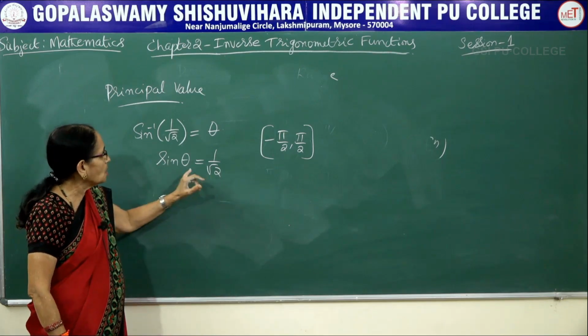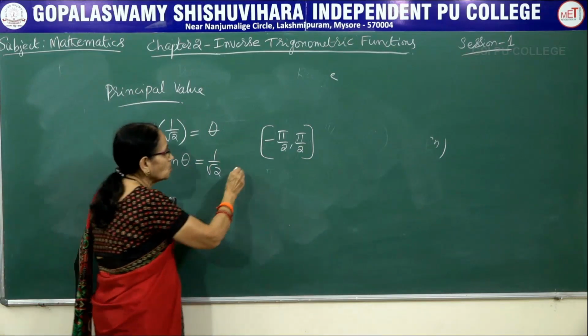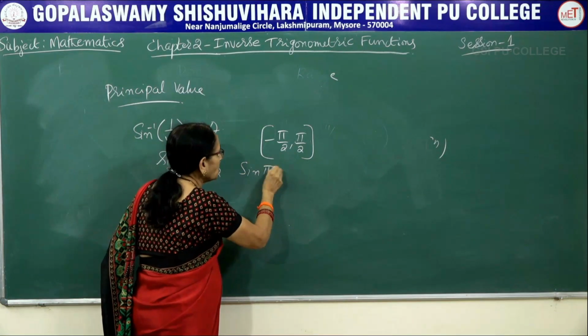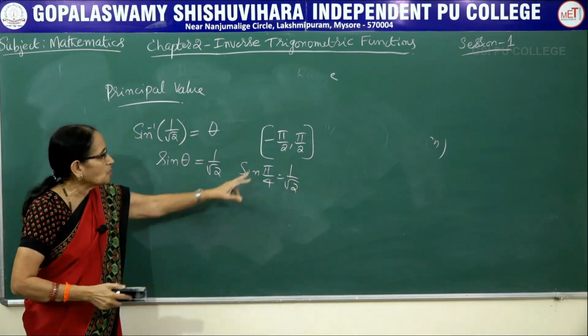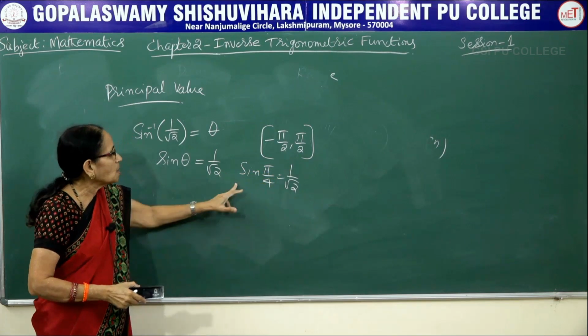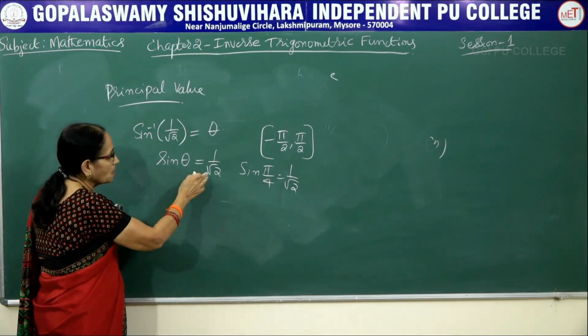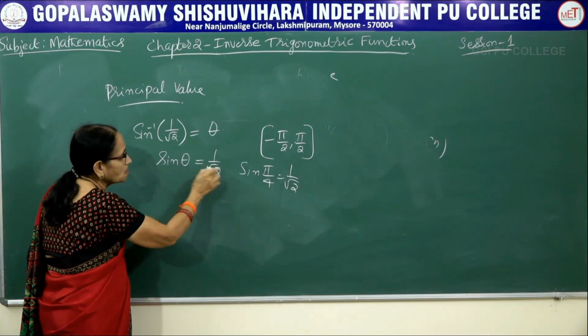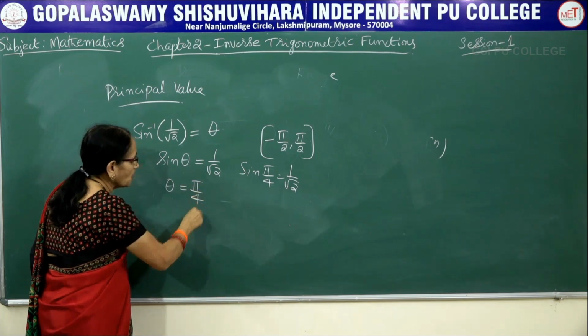So which value will suit this and lie in that interval? You know that sine of pi by 4 is also equal to 1 by root of 2, and you observe that pi by 4 lies in this closed interval. Therefore, I can write sine theta is equal to sine pi by 4. Therefore, theta is equal to pi by 4.